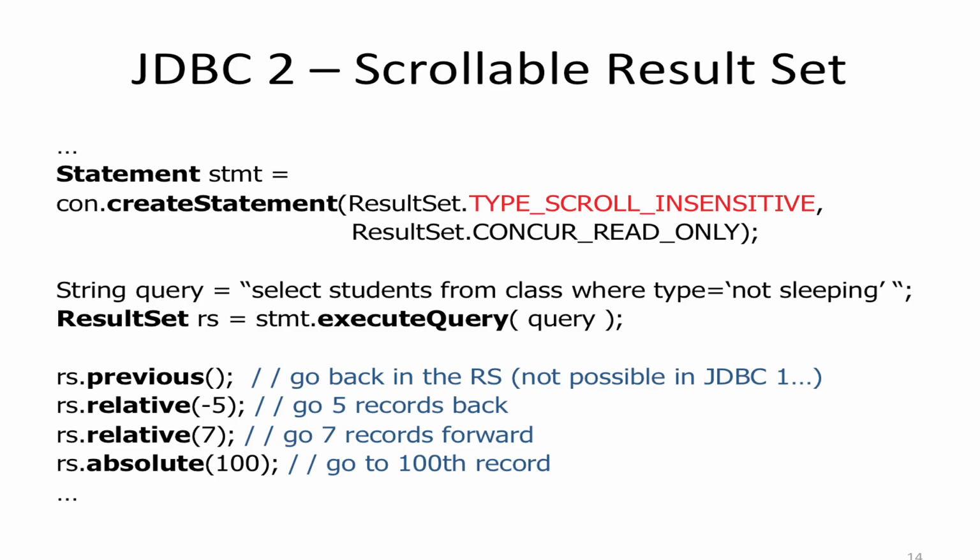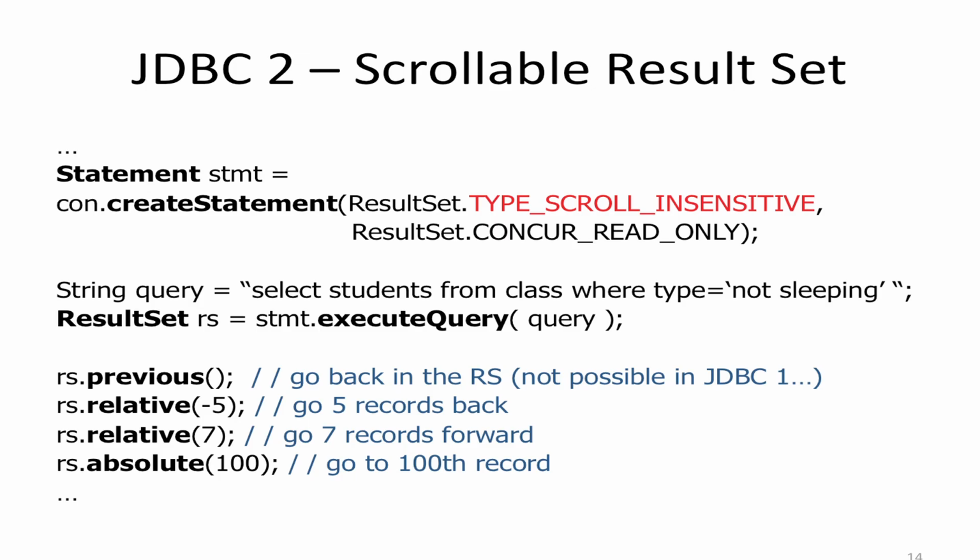You can see Statement stmt = con.createStatement with ResultSet.TYPE_SCROLL_INSENSITIVE and ResultSet.CONCUR_READ_ONLY. It means the data inside the result set we can only read, we cannot update it. So we can write these arguments also.